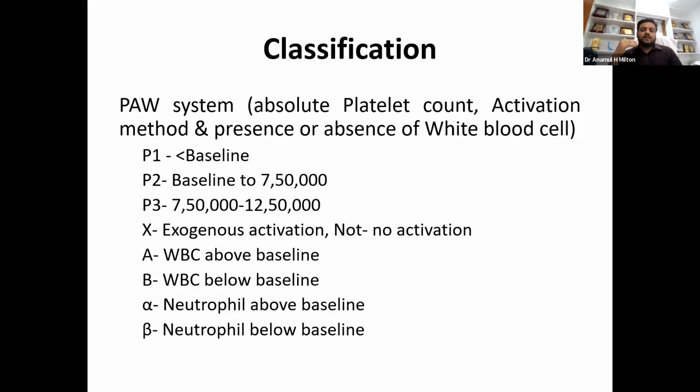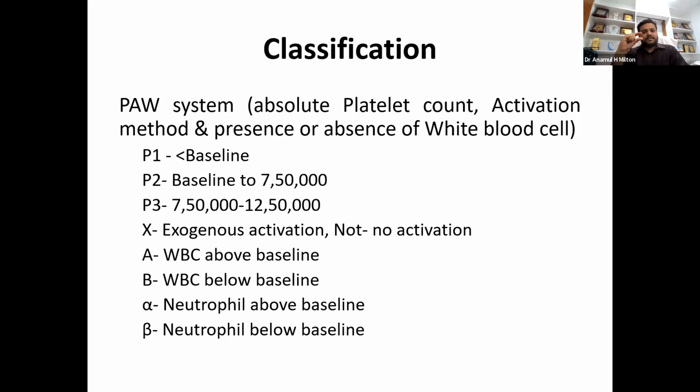When the count per ml is around 7.5 lakhs, it is called P2. Above 7.5 lakhs and up to 12.5 lakhs, in between these, is called P3. If we use an activator like thrombin or calcium, it is considered X.